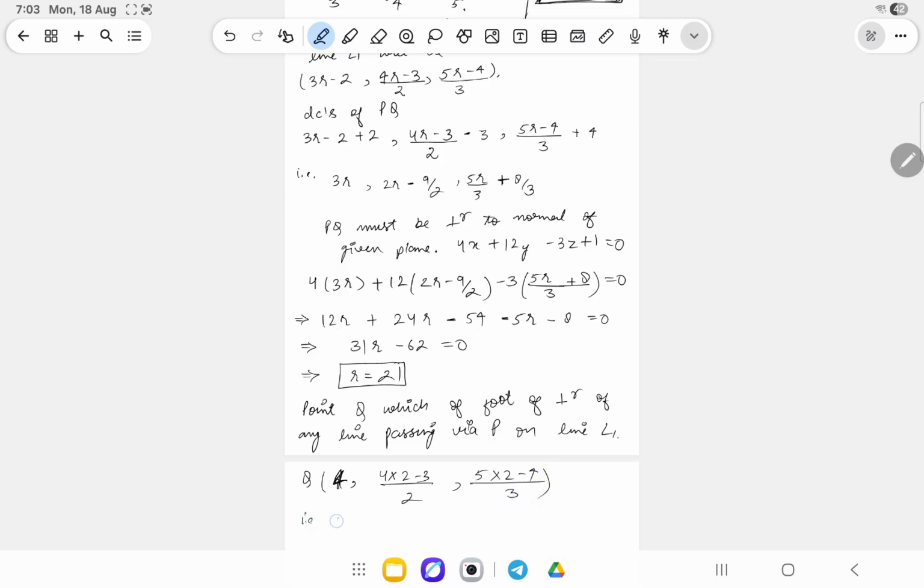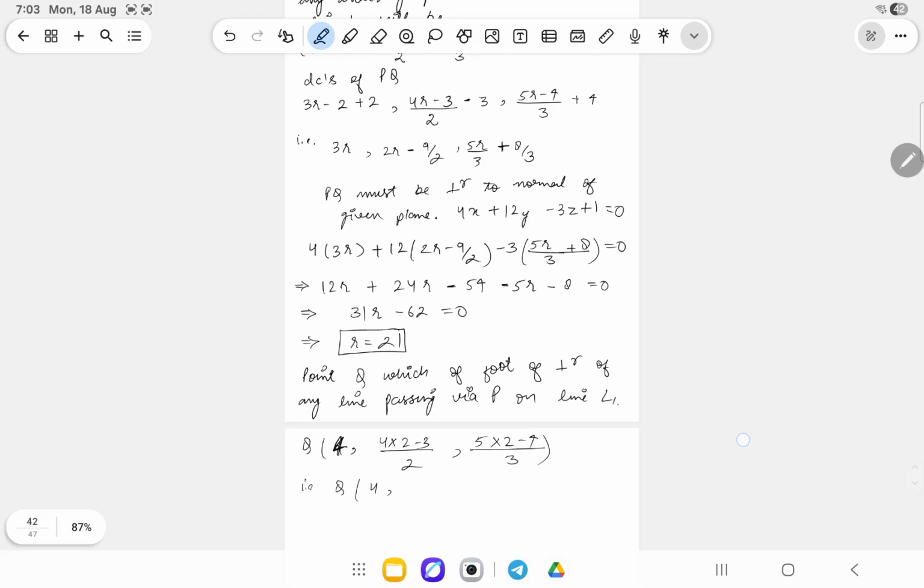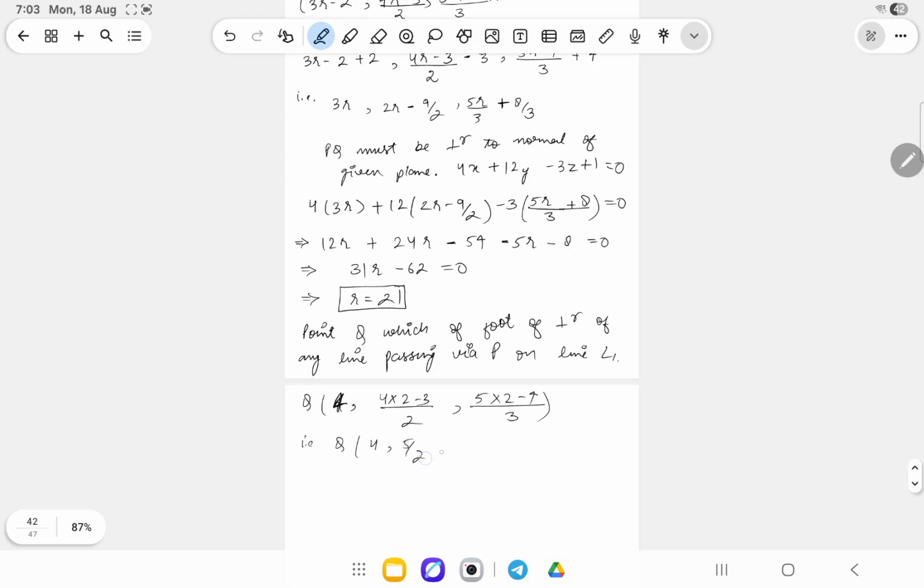Is it 1 by 2? Let me just recheck it. That is, my point Q will be 4, 8 minus 3 is 5 by 2, and 10 minus 4 is 2.